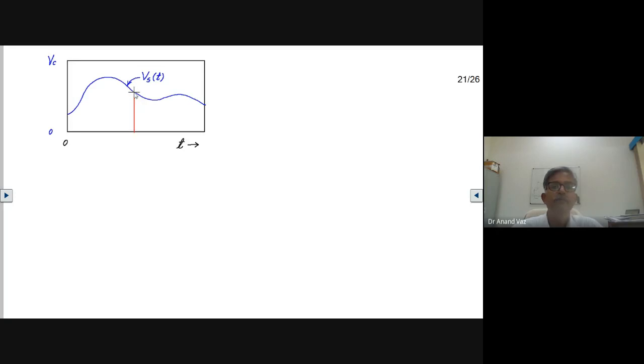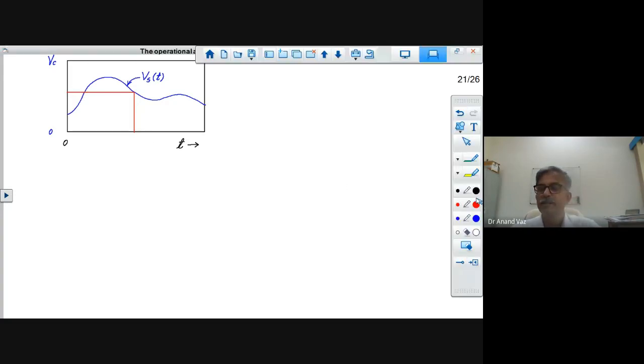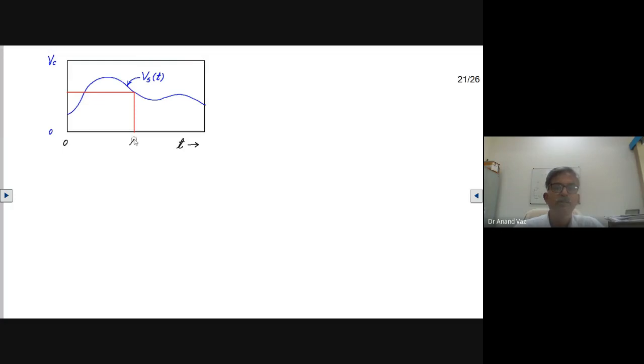We have the signal corresponding to this time, and this is its value. Now, here let us say that this corresponds to the time t1.